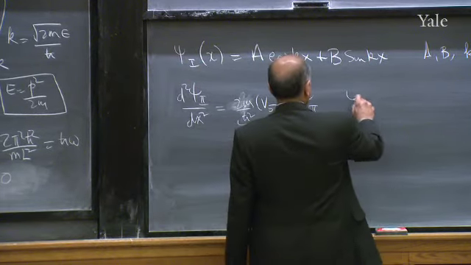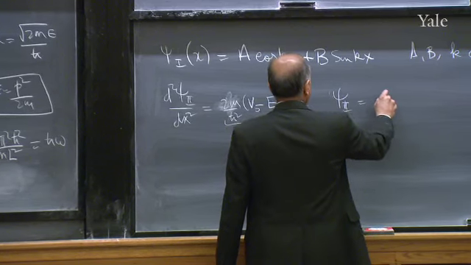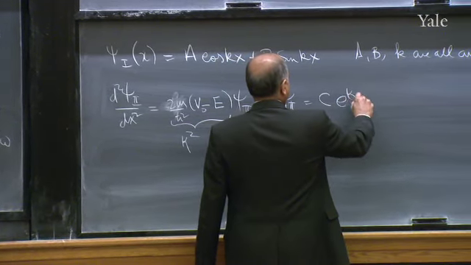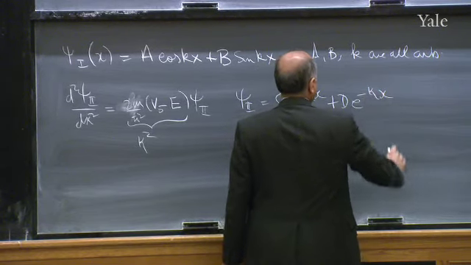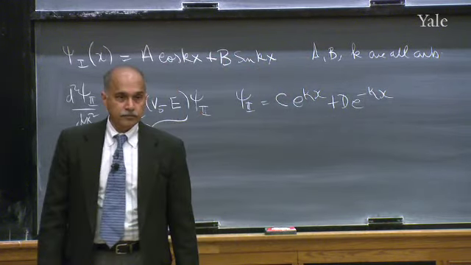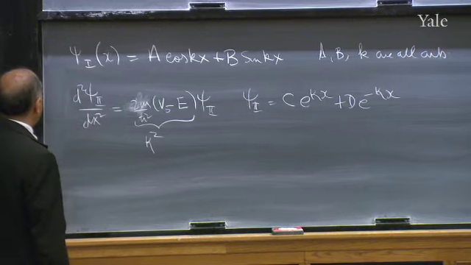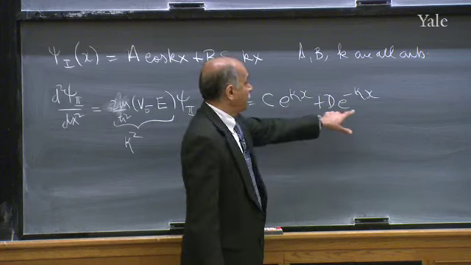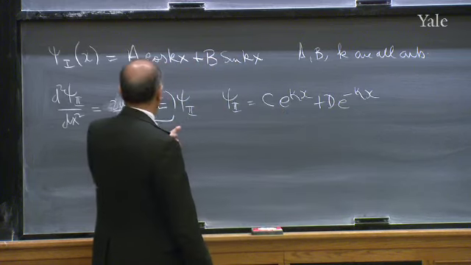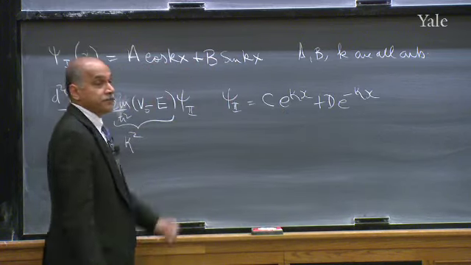Then the answer is psi sub 2 is equal to c times e to the kappa x plus d times e to the minus kappa x. Why? Because two derivatives of this will give me kappa squared times itself, likewise here. And kappa has been cooked up so that kappa squared is what I want.